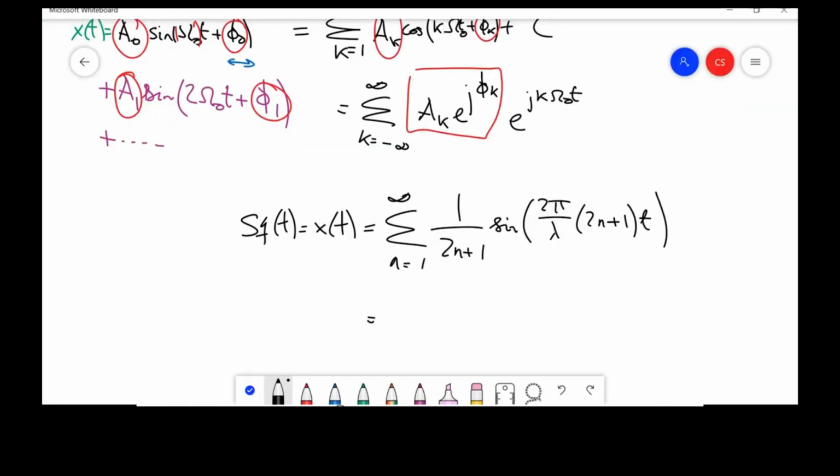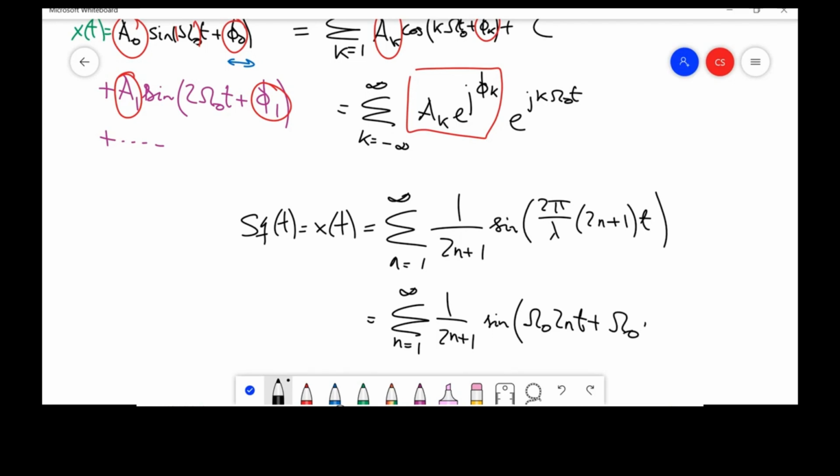So we see all the ingredients here. This is the sum, lambda 1 plus 1. This is the amplitude. And then the sine of what? This is omega 0.